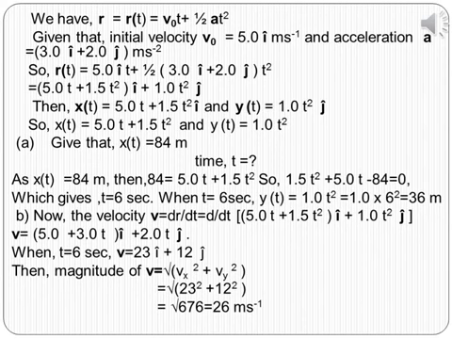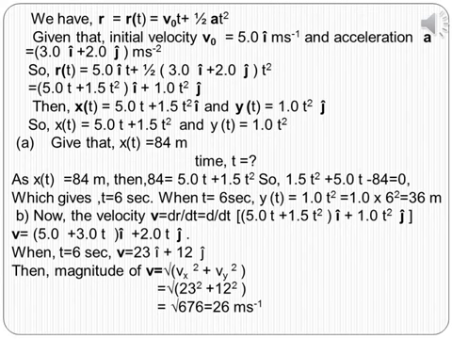A. We have to find the y coordinate of the particle at the instant its x coordinate is 84 meter, given that x(t) is equal to 84 meter. As x(t) is equal to 84 meter, so 84 is equal to 5t plus 1.5 t square.